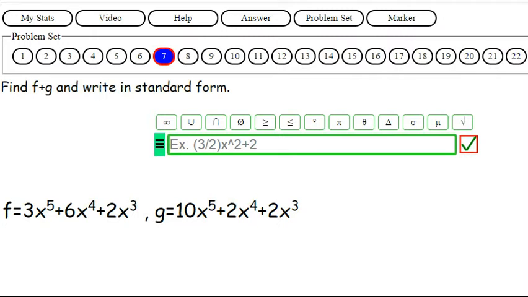What is all that nastiness? Okay, so I'm going to write this down. F is 3x to the 5th plus 6x to the 4th plus 2x cubed, and g is equal to 10x to the 5th plus 2x to the 4th plus 2x to the 3rd power.